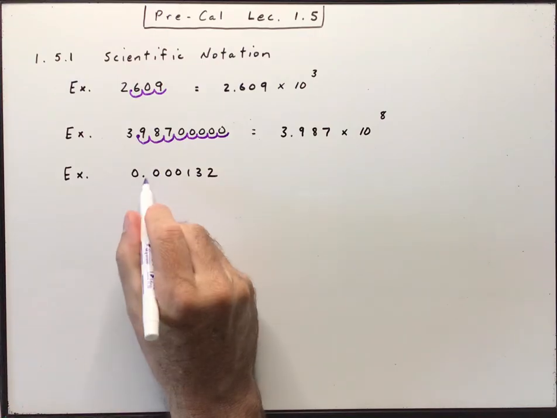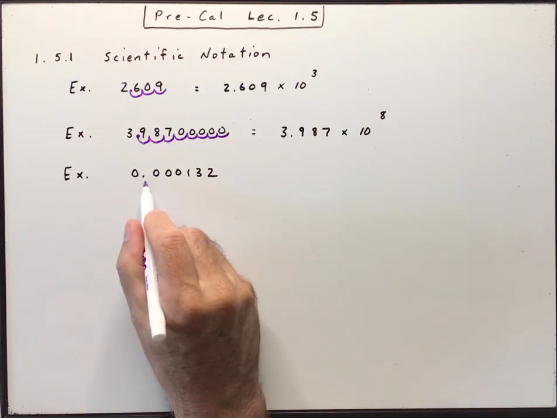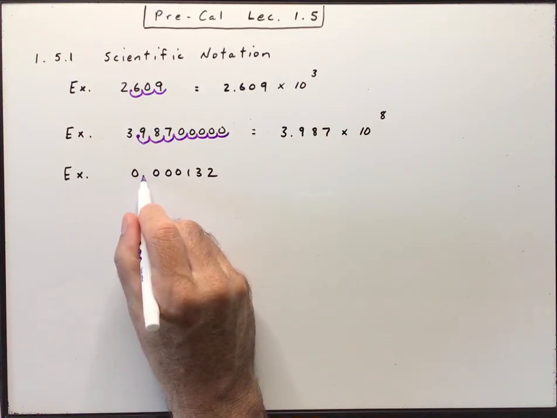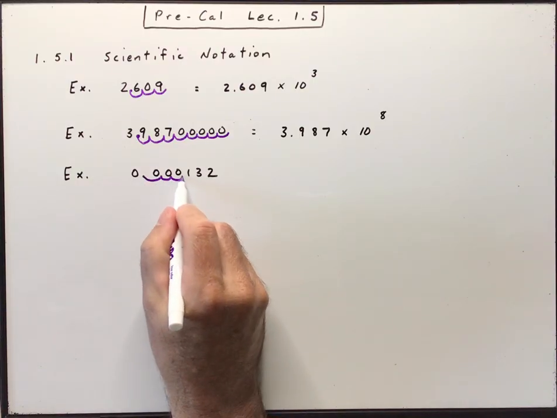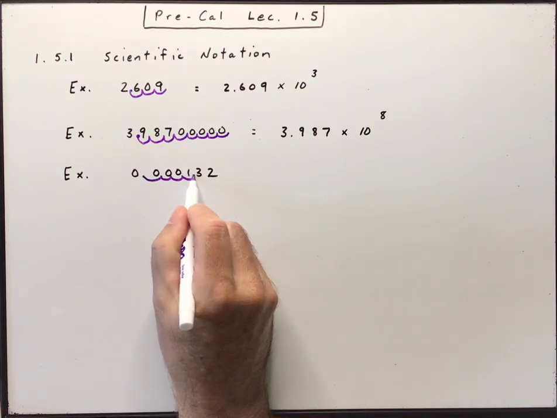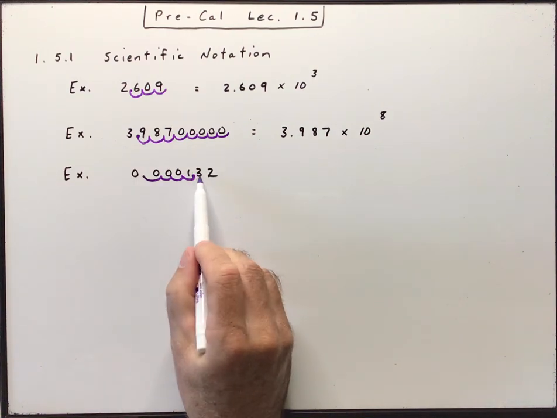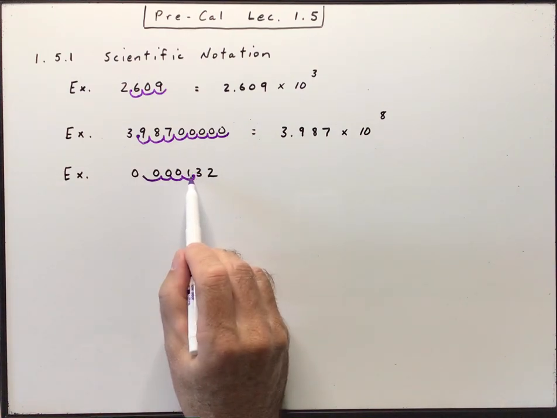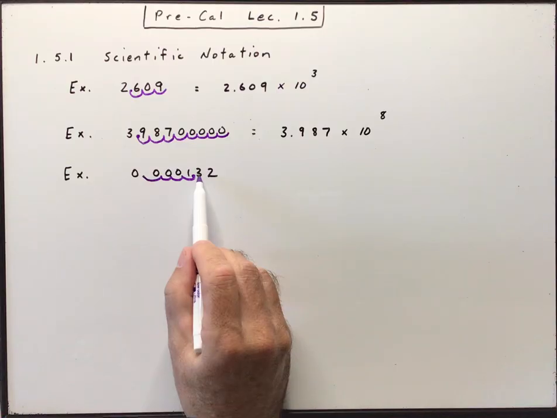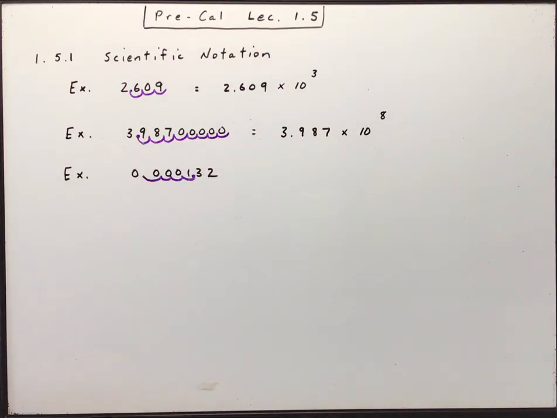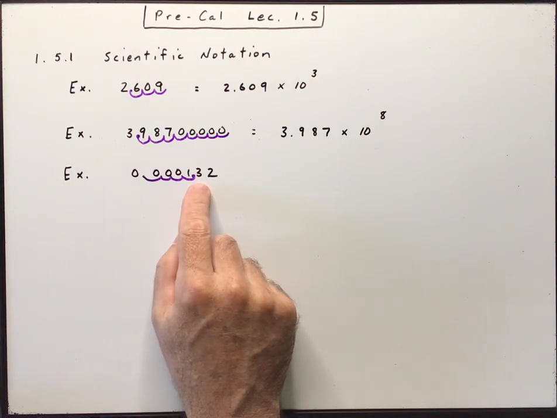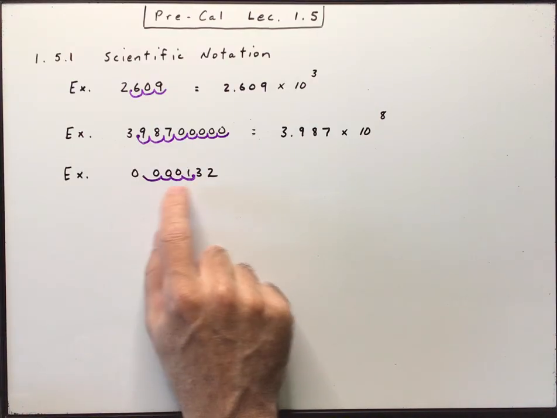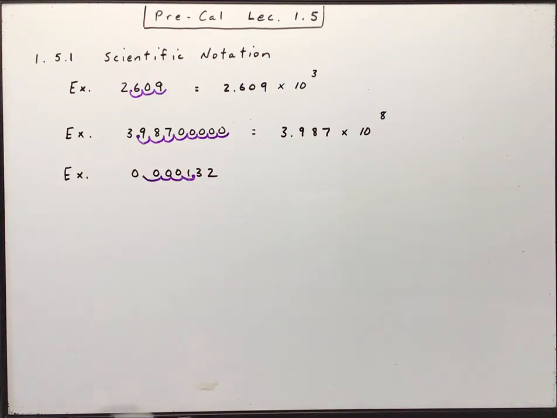Well, what you want to do is move that decimal place 1, 2, 3 until you get to the first non-zero number, and you want to put it after the first non-zero number, because that 3 could be a 0 and that would be okay. So move it to just past the first non-zero number.